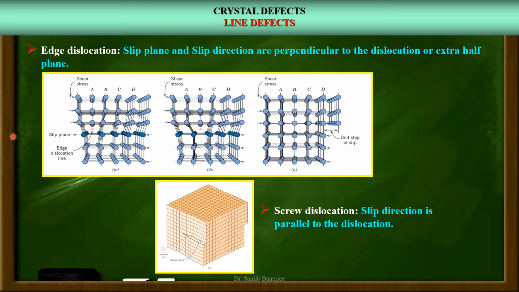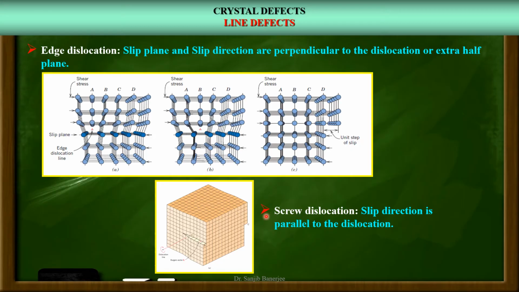Next, we talk about the screw dislocations, which is represented in this figure. For screw dislocations, the glide direction is parallel to the dislocation in contrast to the perpendicular direction of the edge type.